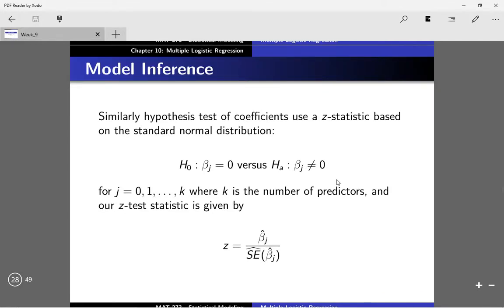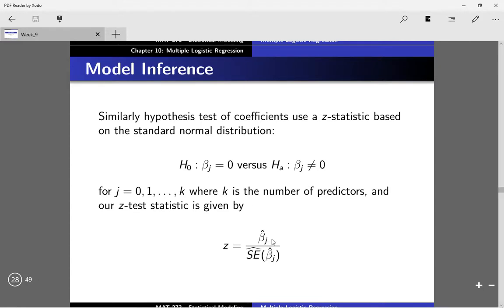Hypothesis tests, again, are similar to the format we've seen for multiple linear regression. So we can test if a regression coefficient is 0 or not using a z test statistic. So just like before, we got a t test statistic for the hypothesis test for multiple linear regression, for logistic regression, we get a z test statistic.